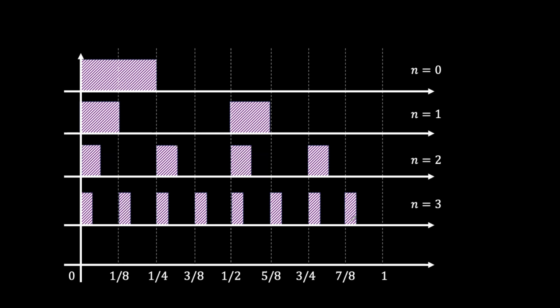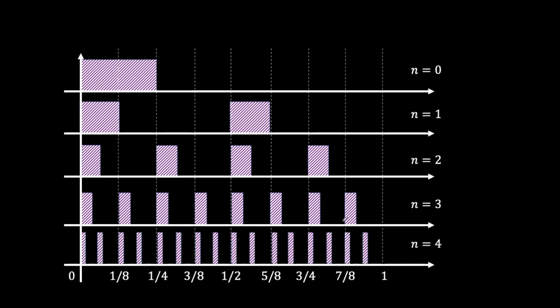And so that is how the progression goes. And then when n is equal to 4, we expect the transition to be at x equals 1 over 16, 2 over 16, 3 over 16, 4 over 16, and so on.